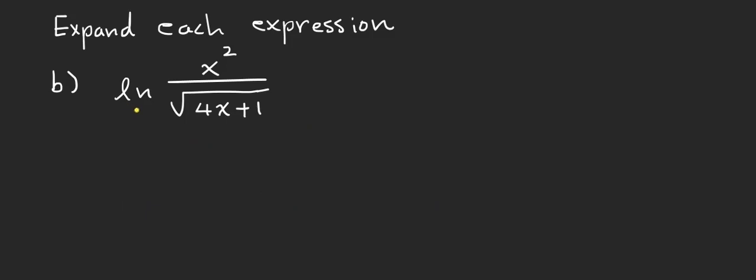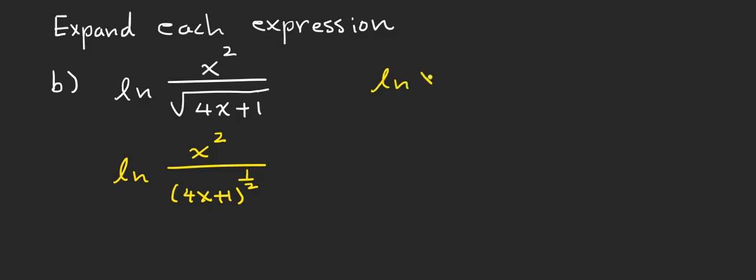Now let's expand natural log of x squared over the square root of 4x plus 1. Let's rewrite this as natural log of x squared over quantity 4x plus 1 to the 1/2. Now, using the quotient property, this becomes natural log of x squared minus natural log of quantity 4x plus 1 to the 1/2.